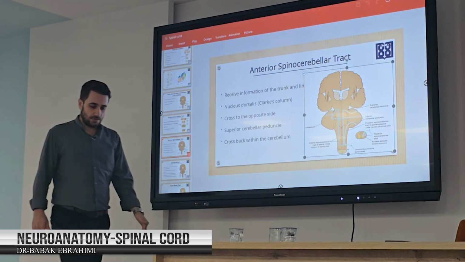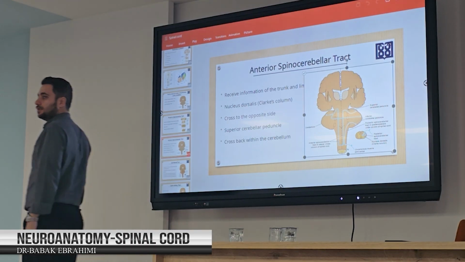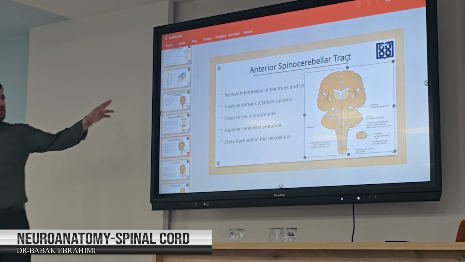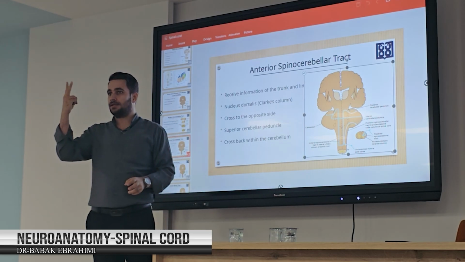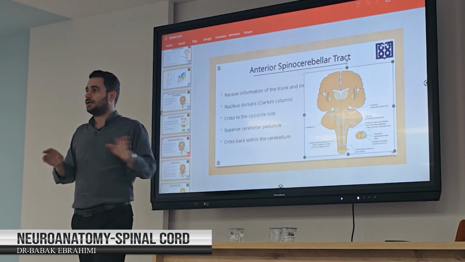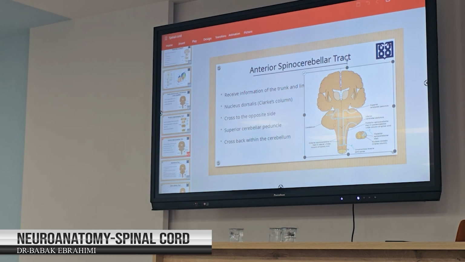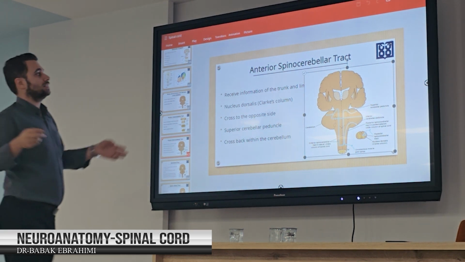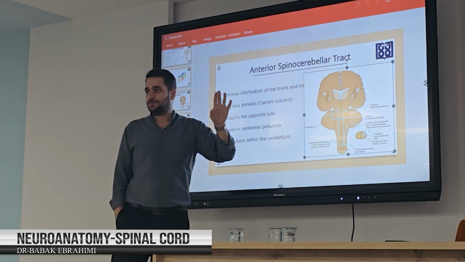Spinal cord, cross, go to cerebellum, again cross. So anterior spinocerebellar has two crosses. Posterior spinocerebellar doesn't have any cross. So if I ask you at the exam, which of this tract has two crosses, you must say anterior spinocerebellar. Understand?